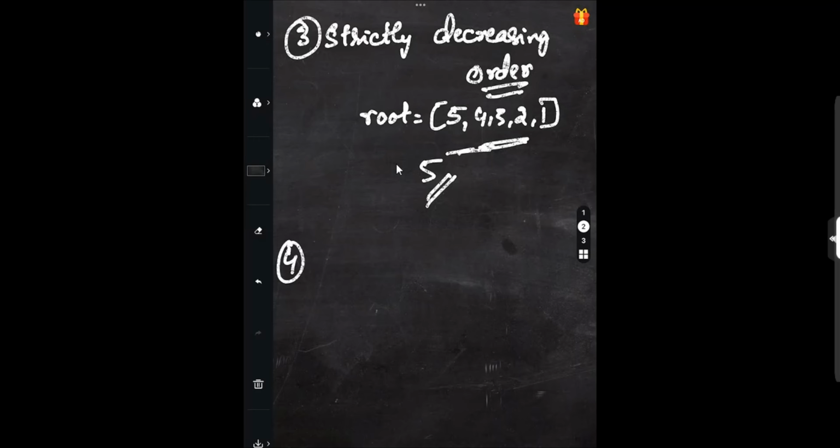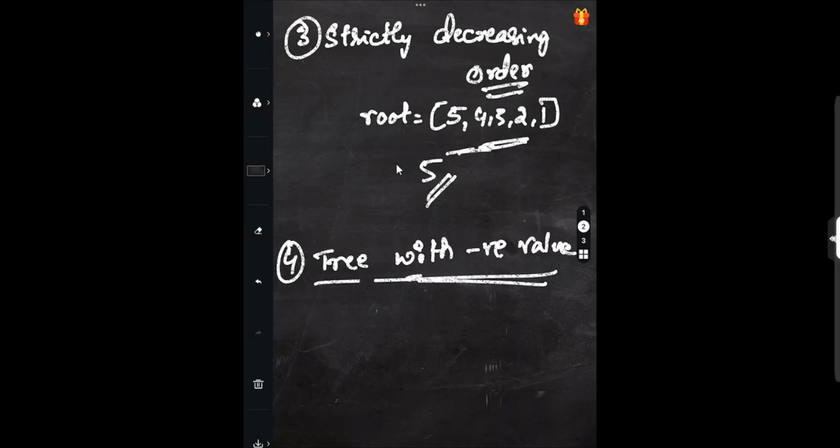Let's move on with the fourth edge case, nothing but tree with negative values. So I'll just write tree with negative value, right? In this case, let me consider the input root -1, -2, -3, -4, -5. Tree with the negative values we are considering, right?